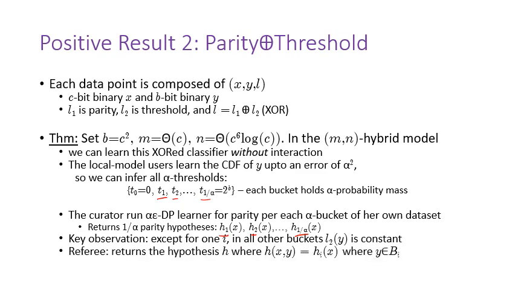So that is the function we release to the world: the hypothesis H that takes both X and Y as its feature vector. We look at which bucket, in what fraction of the thresholds, the Y lies. If it falls into bucket I, then we take hypothesis I and apply it over this X. That is our learner. It is an improper learner. It's an interesting question whether there exists a proper learner for this domain that does so without any interaction.